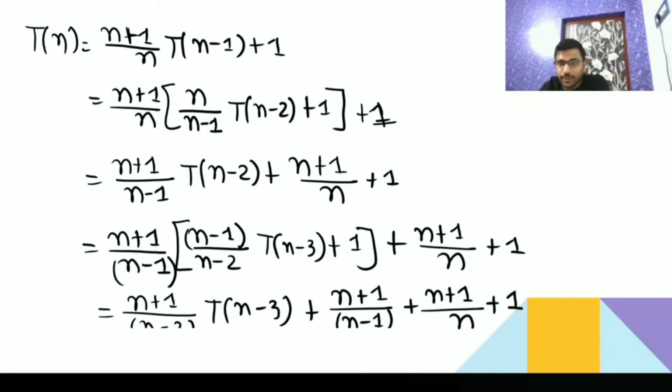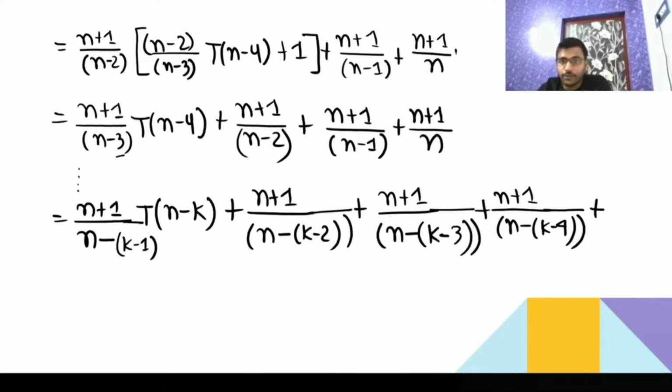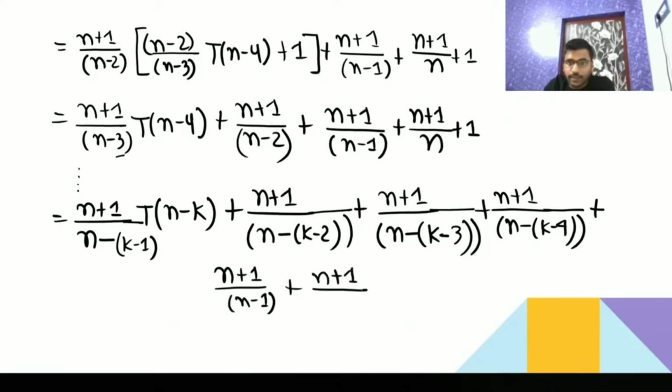That I left. No one has even told me that, sir, plus 1 you missed. So everywhere plus 1 also I need to write. Then it will go like t plus (n plus 1) by (n minus 1) plus (n plus 1) by n plus 1.